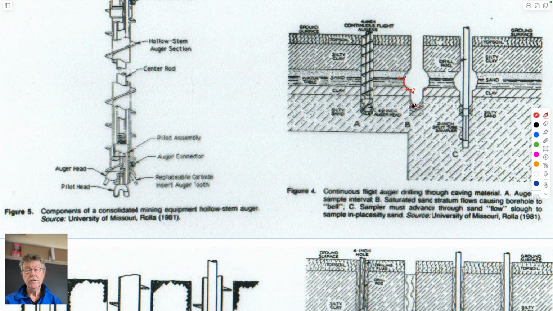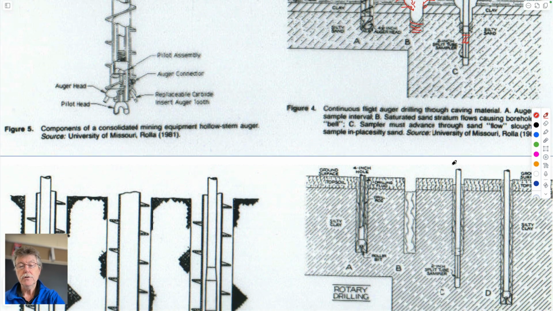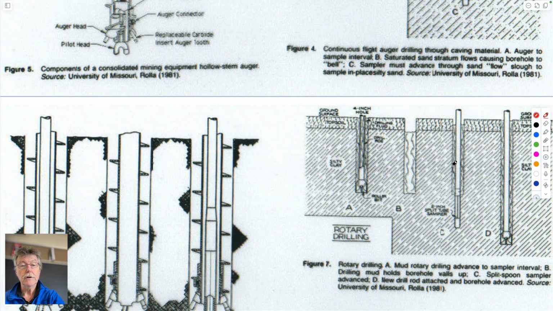And if it sloughs into the hole, then when you take a sample, the top part of your sample you have to be careful of, because it might not be pristine material at that depth. It might be reflecting the material that's a foot above it, or 10 feet above it, or 20 feet above it, whatever. And so one way to get around that is to use a hollow stem auger.